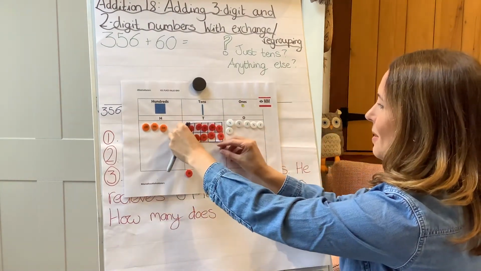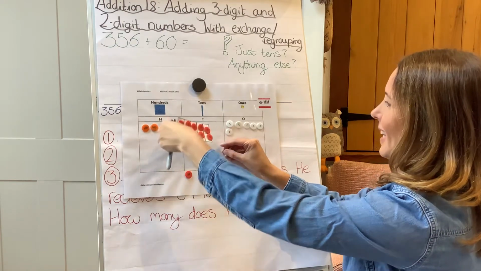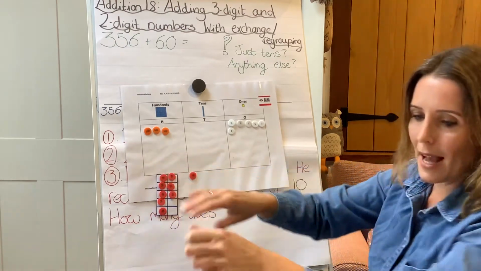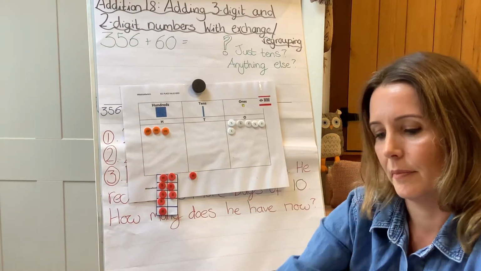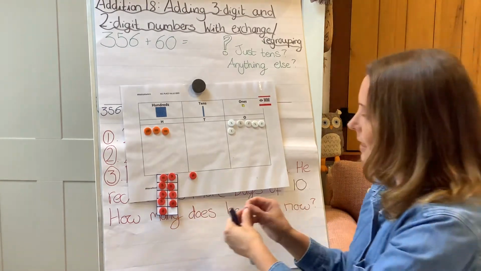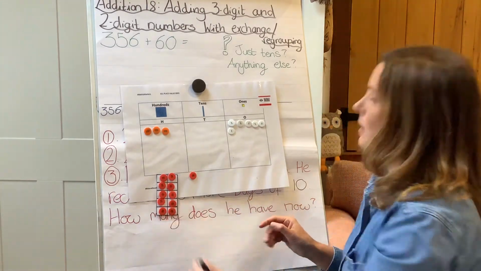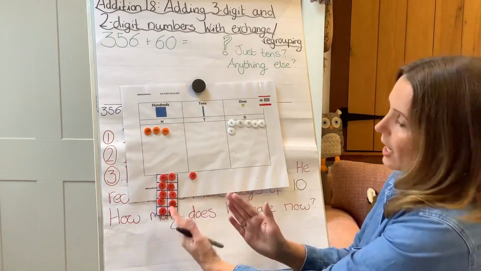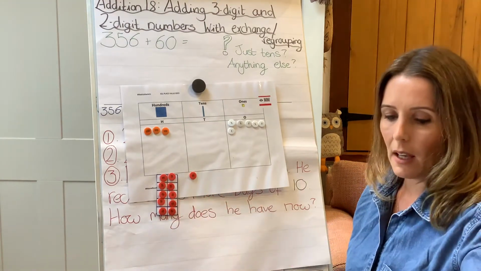So I'm going to, oh, the 10 doesn't want to stay with us. Like that, I'm going to move that into my hundreds column here, because 10 tens is equal to 100. So put those on, that just fell off there. So we can exchange that to make another 100.